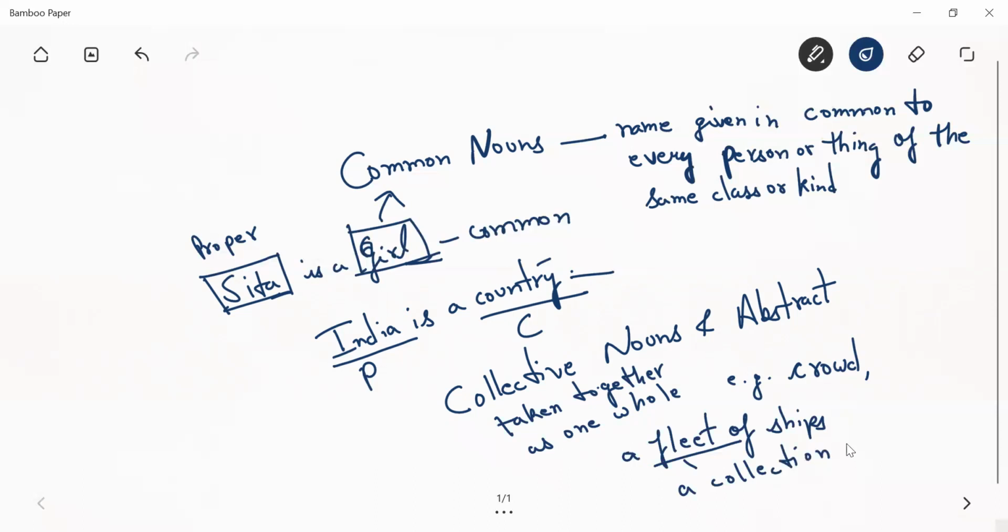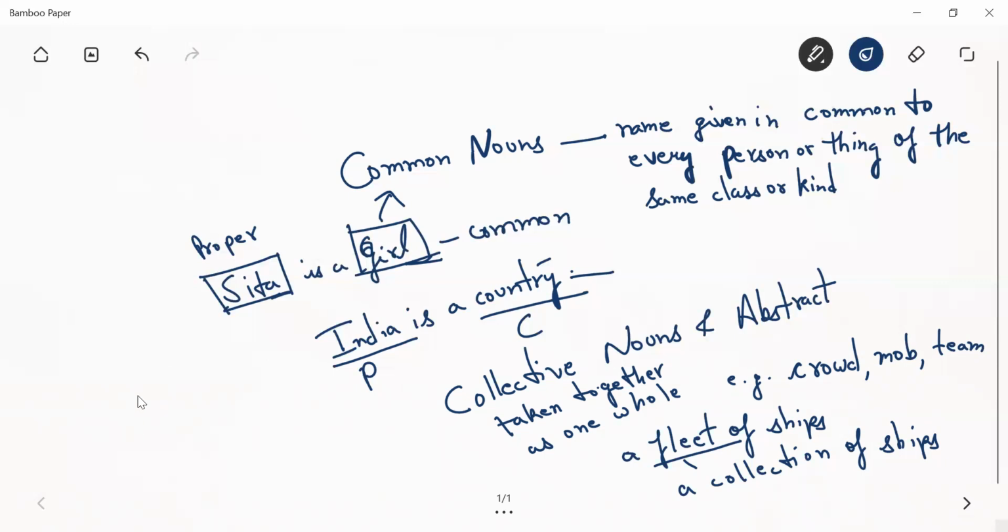It is a collection of ships. When we are bringing so many ships all together, we say it is a fleet of ships. Other than crowd, you have mob, you have team. We say a team of cricketers, right?